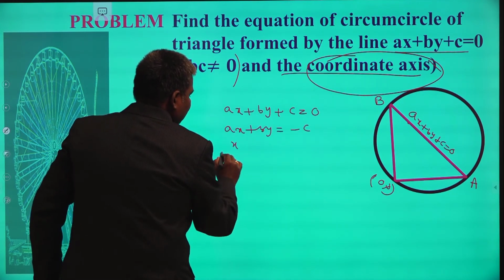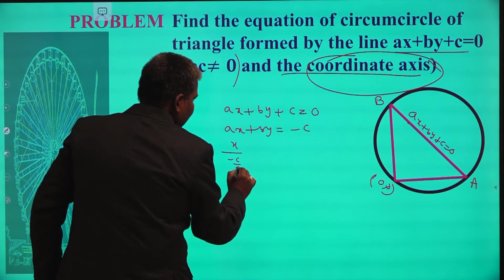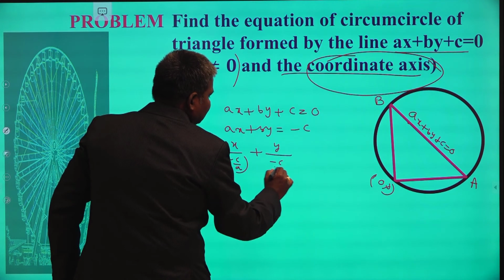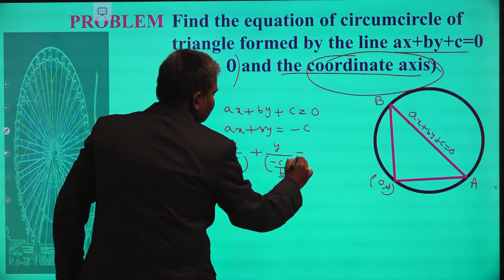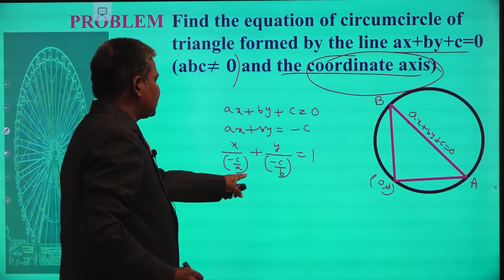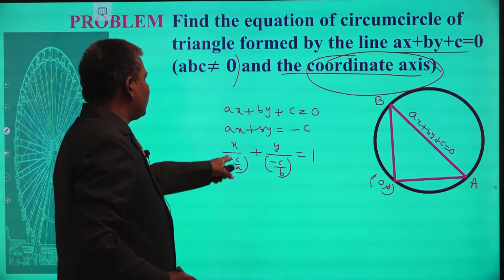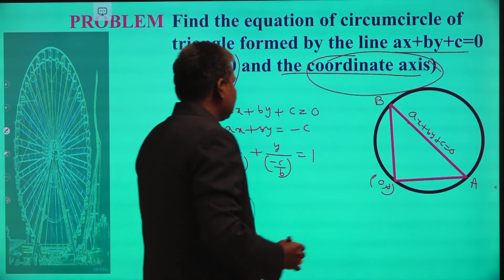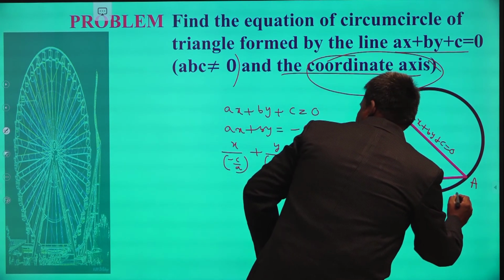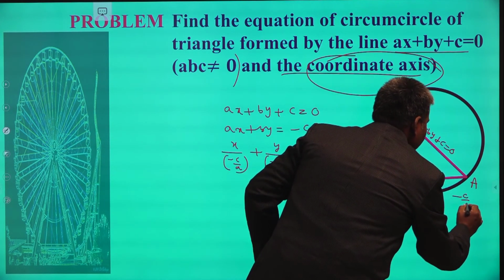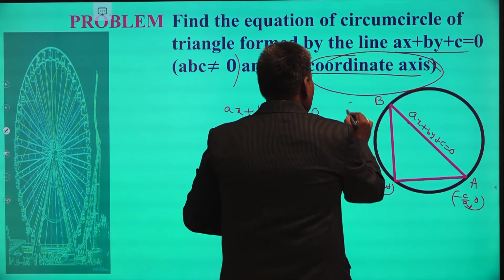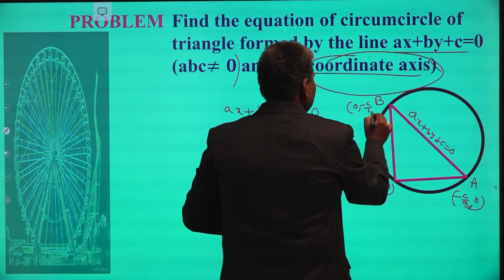So that is x by minus c by a plus y by minus c by b is equal to 1. This is the x-intercept. This is the y-intercept. You don't know what the signs of c and a are. This is minus c by a comma 0. This is 0 comma minus c by b.